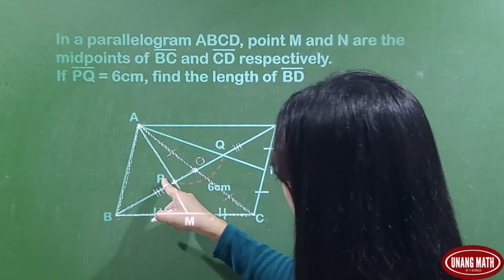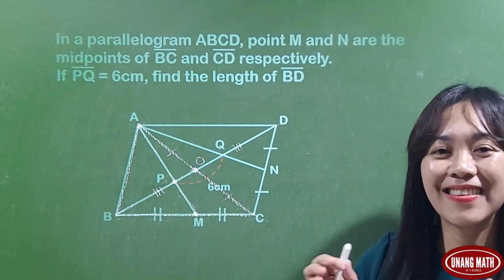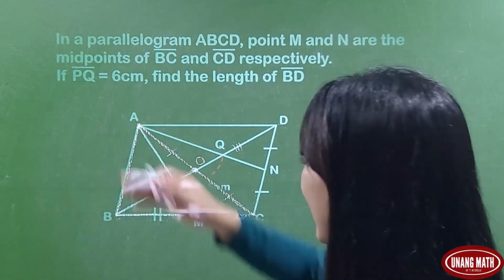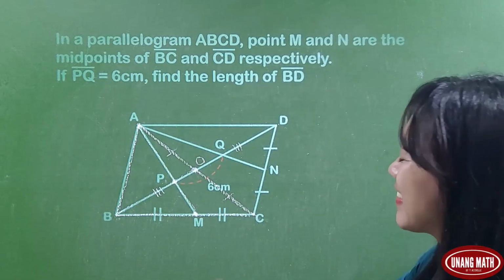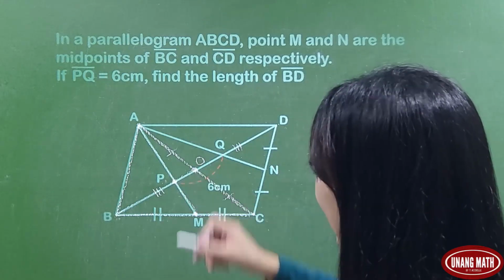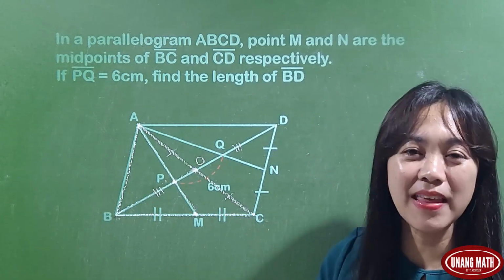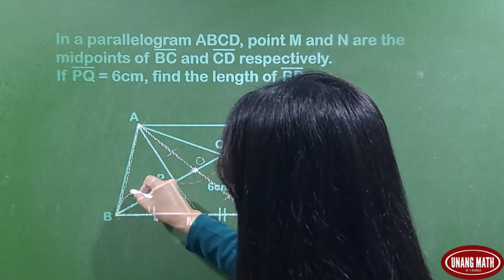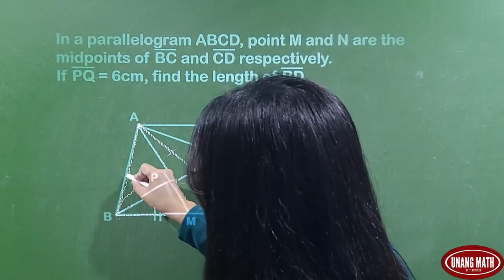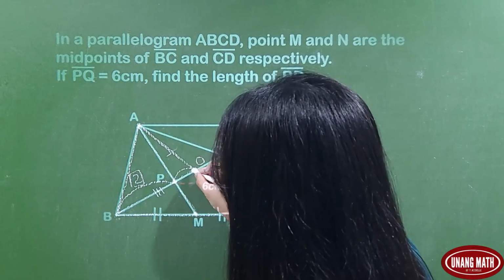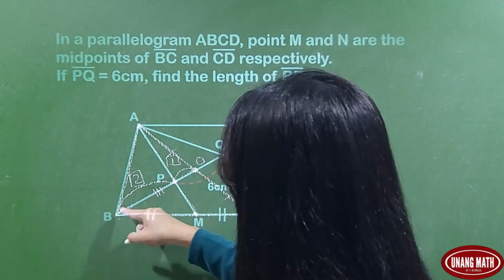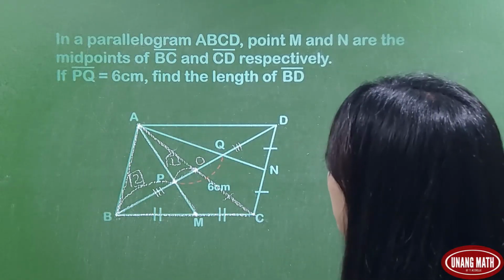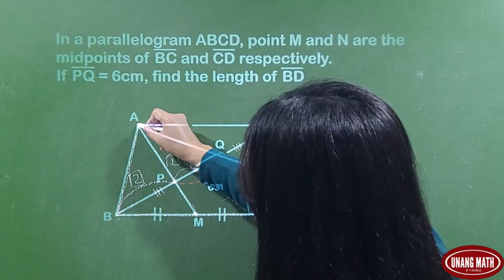So point P is the centroid of triangle ABC. So the centroid of a triangle, again, divides the median in the ratio 2:1. So from this point to this point, this is 2, and from here to here, 1. So 2:1.